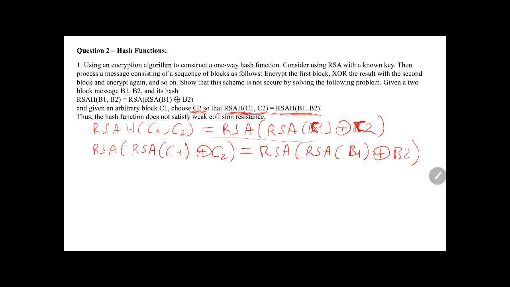The first thing that we can do here, since both have this outer RSA block, we can cross it out at both sides, and nothing should be wrong so far. The equation should still hold. So after we cross it out, we have RSA of C1 XORed with C2 equal to RSA of B1 XORed with B2.